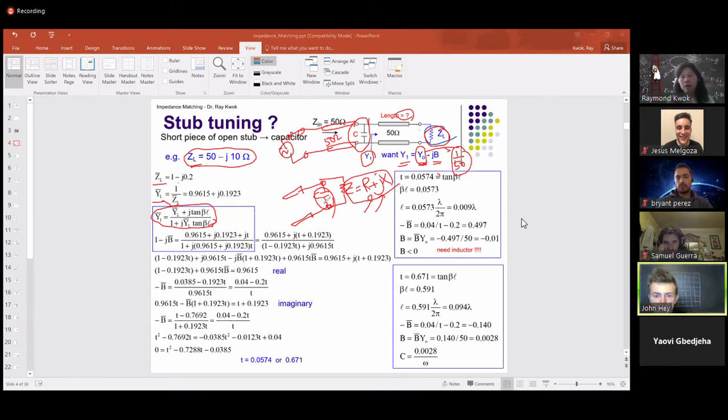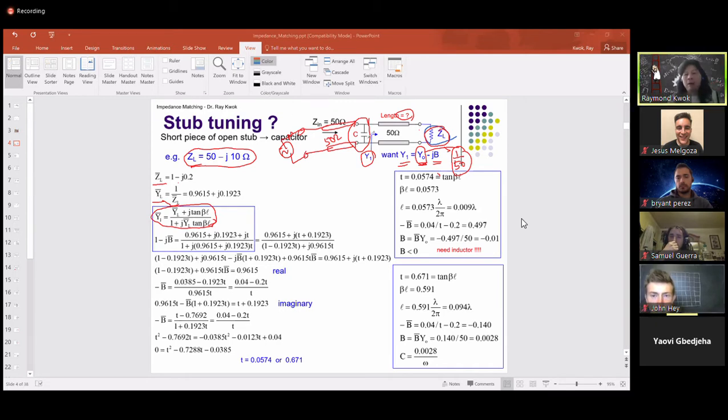So you're using a capacitor because it's a purely imaginary impedance, and you already have a 50 ohm transmission line, so you need to add an imaginary impedance. You can use L, you can use C, you can use series, you can use shunt. You have a lot of choices. You can use a stub also, which is what they do.